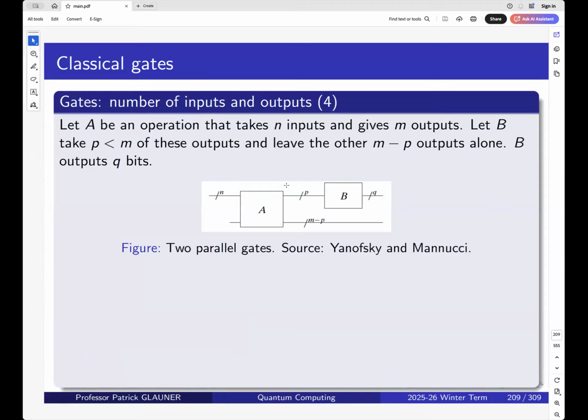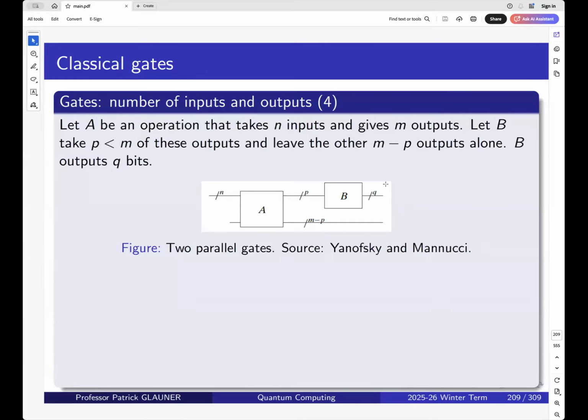So not all M many from A, but P many. And B has Q many outputs. B is the simple case, as from all the material you have seen so far. But P is less than the M many outputs of A. So we still have M minus P many outputs of A.